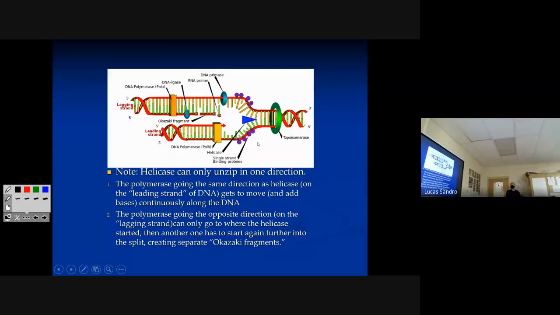What we wind up with after this is all done is two identical double strands. We've copied the DNA from one double strand into two identical double strands. How new is each identical double strand? Don't overthink it.